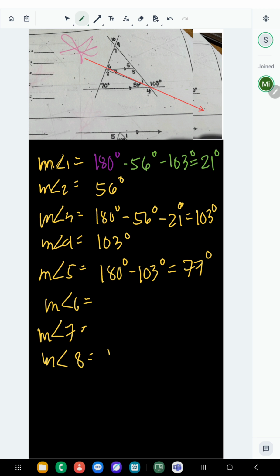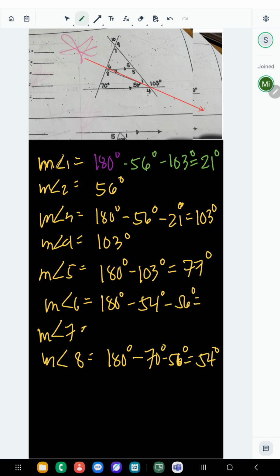So angle 8 is 180 minus 70 minus 56. 54. Therefore, angle 6 is just 180 minus 54 minus 56, right? Because angle 2 is 56. So what is that?